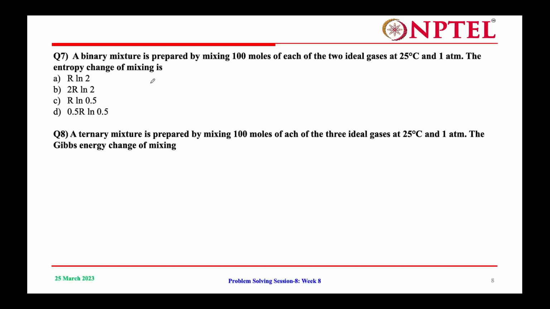It is a numerical based on the change of mixing property. A binary mixture is prepared by mixing 100 moles of each of the two ideal gases at 25 degrees Celsius and 1 atm. The entropy change of mixing. Options are given. Use the formula of entropy change of mixing and calculate.